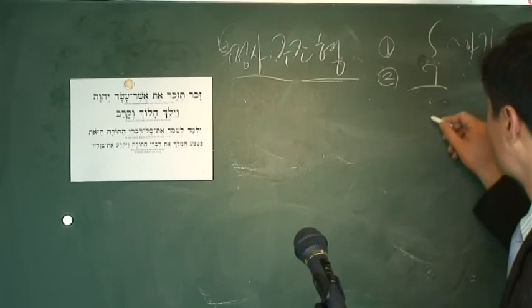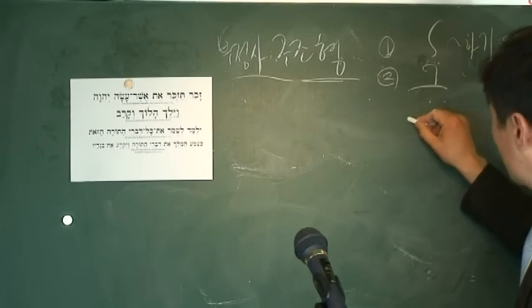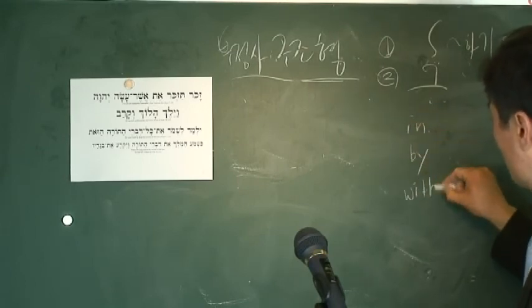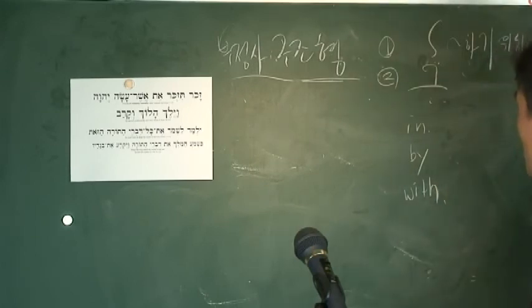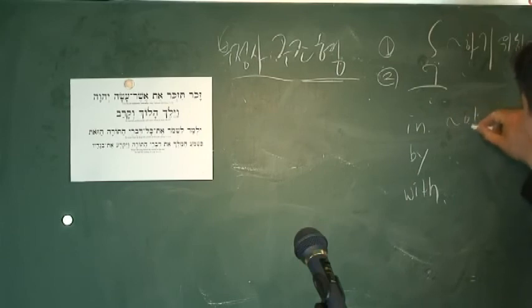Second, it is combined with the preposition b. The preposition b or be has three meanings, and in English they would be in, by, and with.